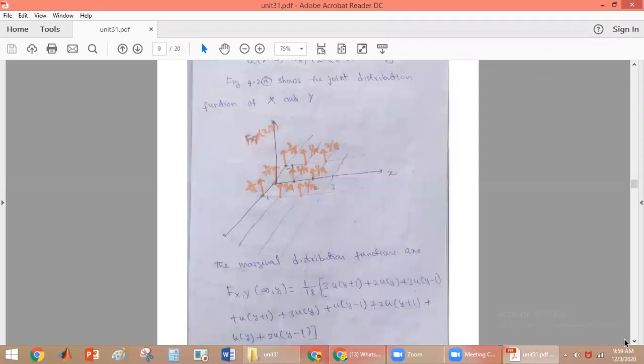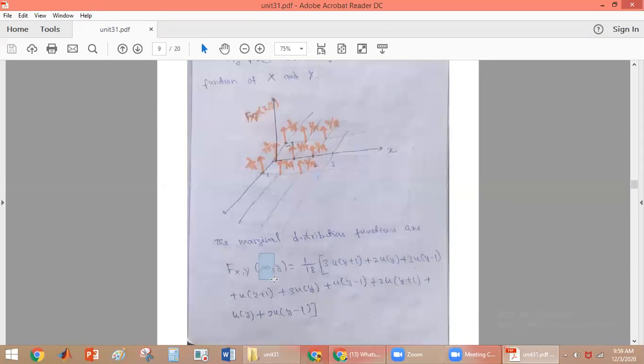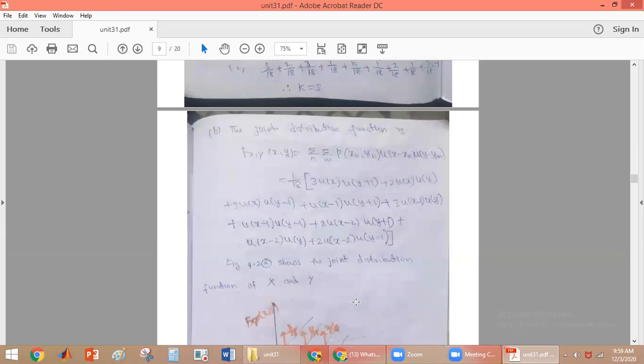Now how do you find the marginal distribution function? See here, x is equal to 0. The step function corresponding to the x term will have the value equal to 1. So we'll have only the y terms here. What are the y terms?